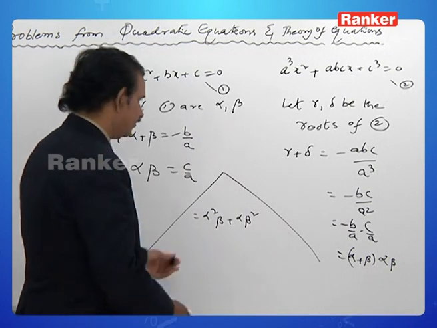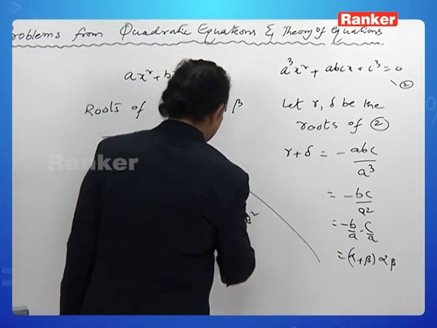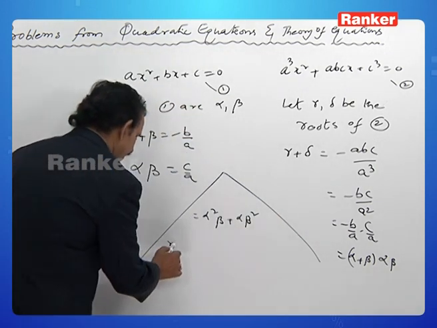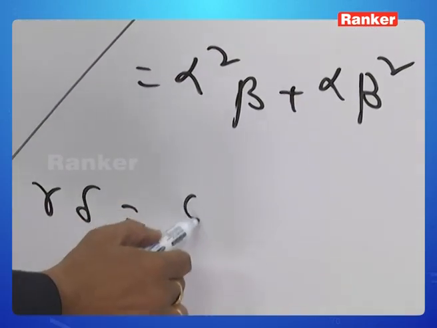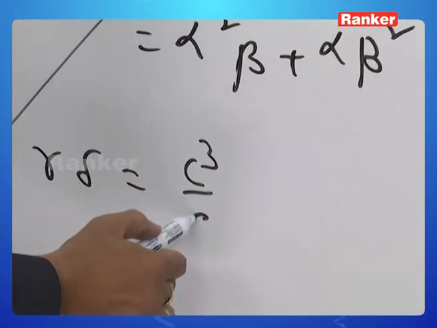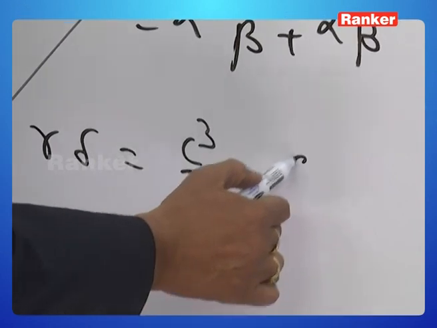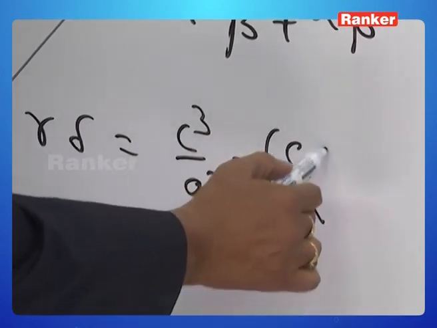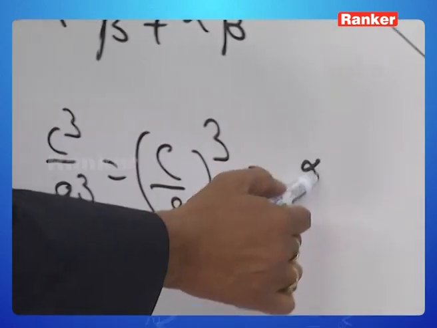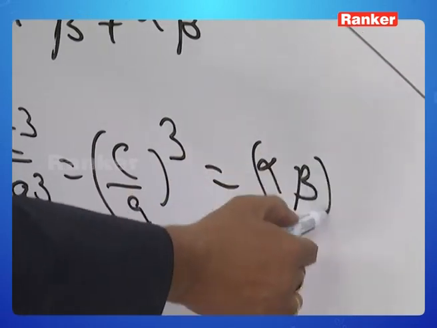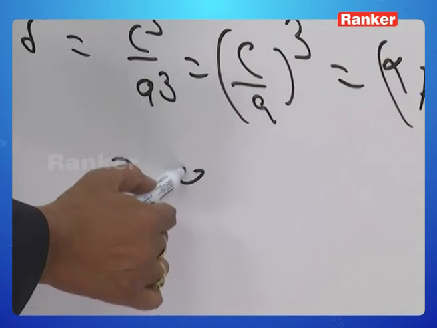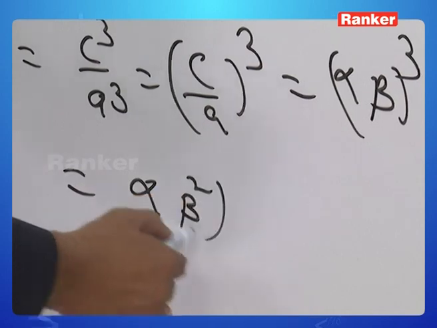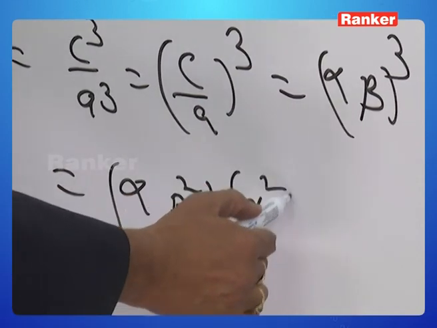We have found gamma plus delta like this. Now you find gamma delta. What is gamma delta? C cube by a cube. This is c by a whole cube, this is alpha beta whole cube, which is again alpha beta square into alpha square beta.